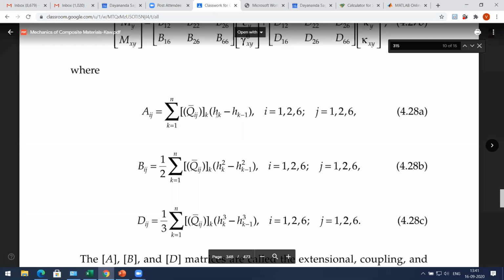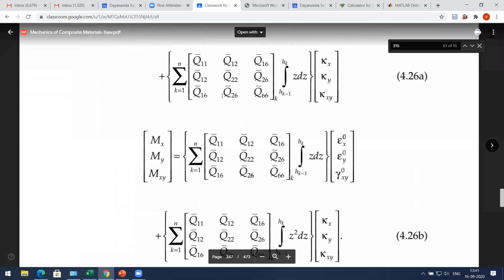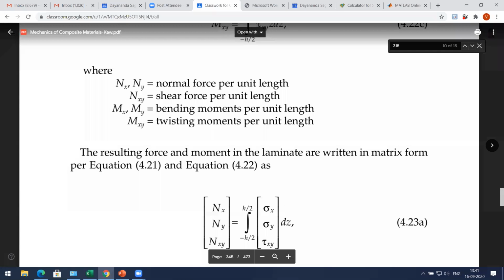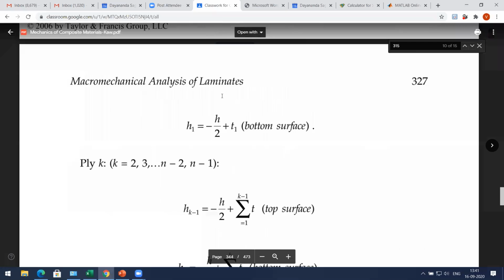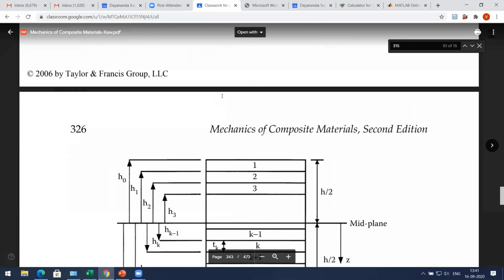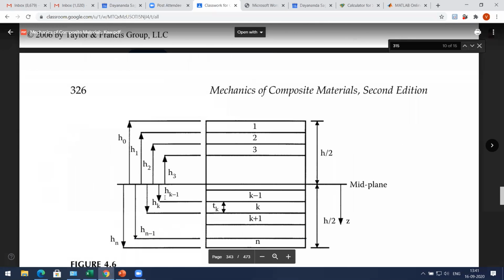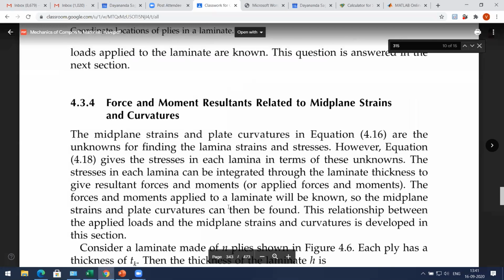If you look at the diagram over here, you can understand. Suppose this is the layer you want to analyze, then from here to here is hk and this is hk minus 1. So hk minus hk minus 1 will give you the thickness of that layer.